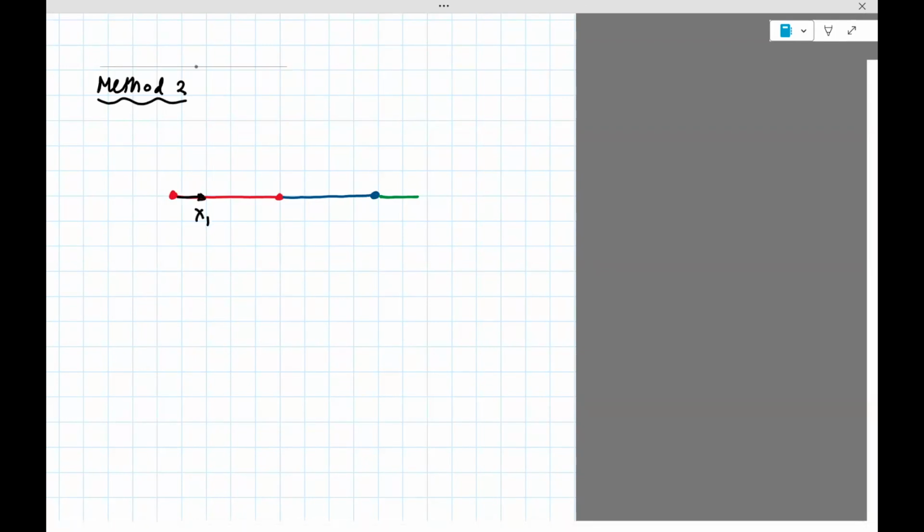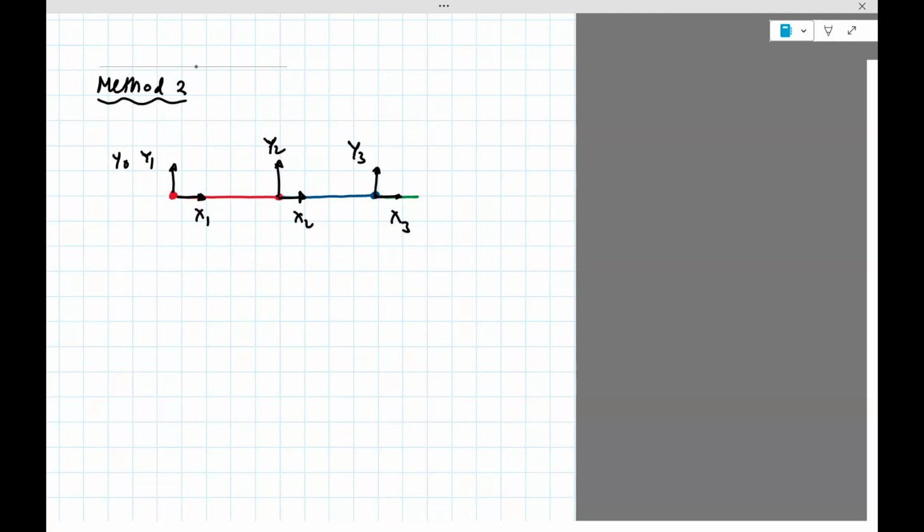So x1, y1, x2, y2, and x3, y3. All of these frames are now along the links that are shown. X0, y0 is also here.